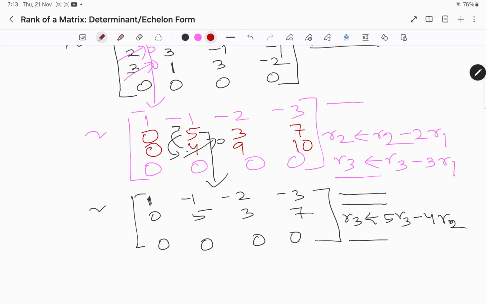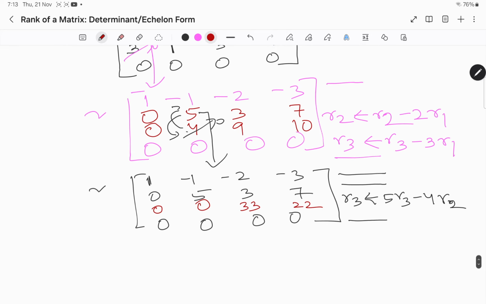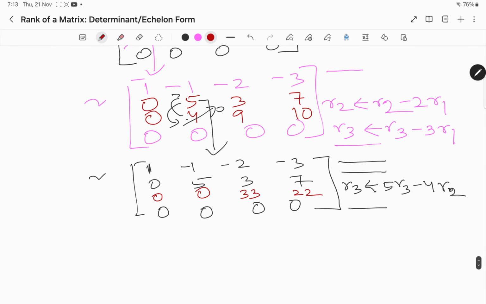It is already 0 here and it is already 0. Now here we have to calculate it. 9 times 5 is 45 minus 4 times 3 is 12. So this is here 33 and this will be my 22 here. Now you see, it is the most simplified form here. Here I am almost getting exactly an upper triangular matrix.